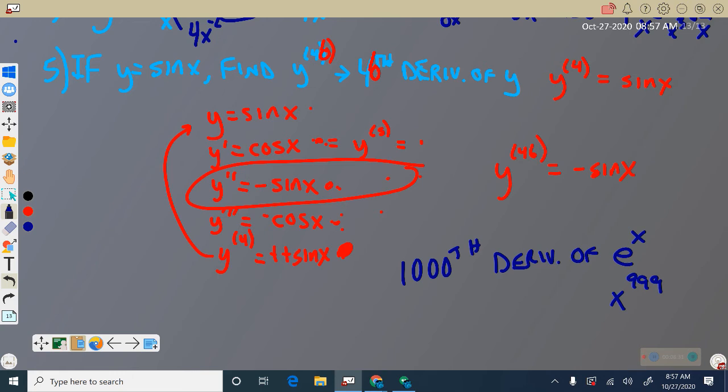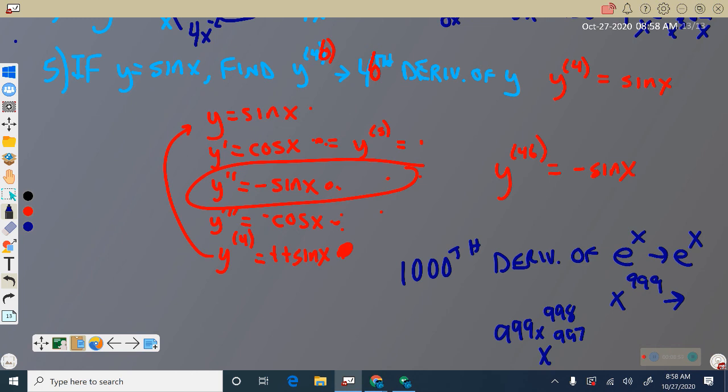Well, e to the x is always its own derivative, so that one's easy. It's going to keep being e to the x over and over again, no matter how many derivatives you take. The derivative of x to the 999th, well, the first derivative would be 999 x to the 998th. Then you would have to multiply 999 times 998, and it would be that huge number times x to the 997th. That would be the second derivative.